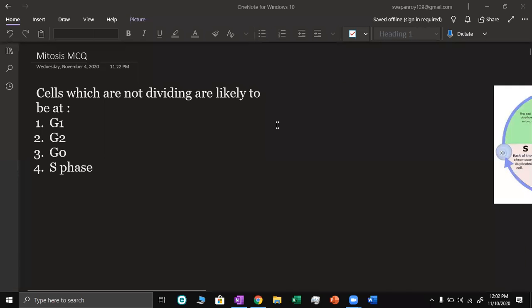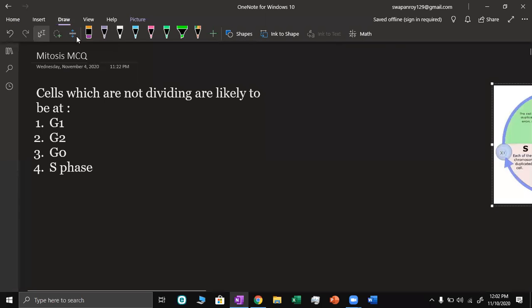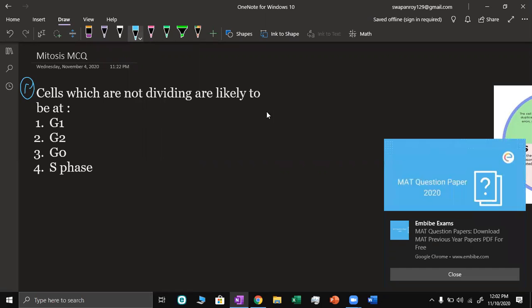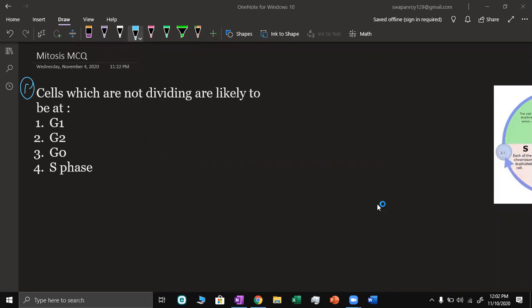Let us start from the beginning. Our first question says: cells which are not dividing are likely to be at which stage?